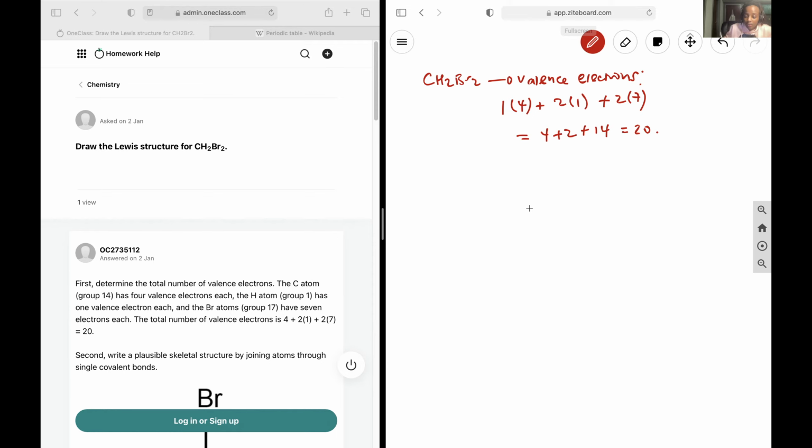Now let's figure out how to distribute them. You may be wondering why I chose this configuration specifically and not, for example, Br here. That actually relates back to VSEPR theory, which I'll get into in a second.